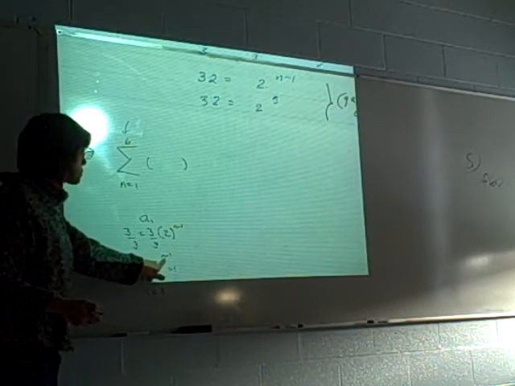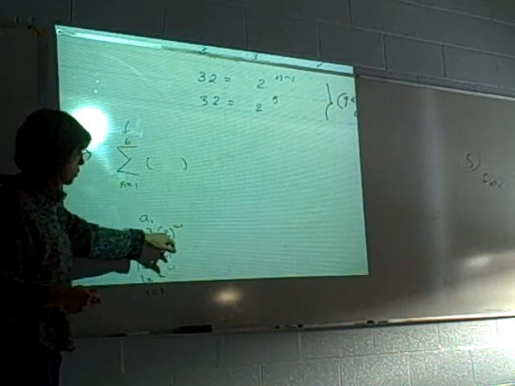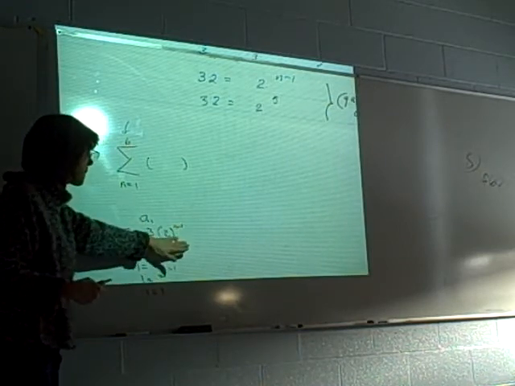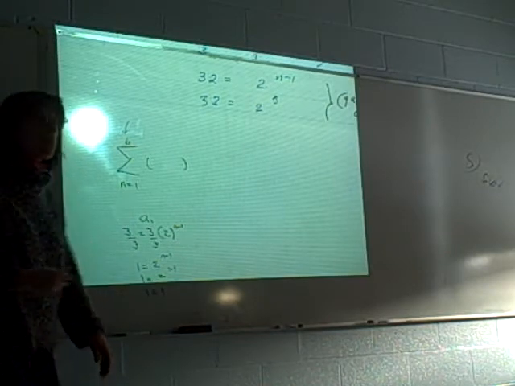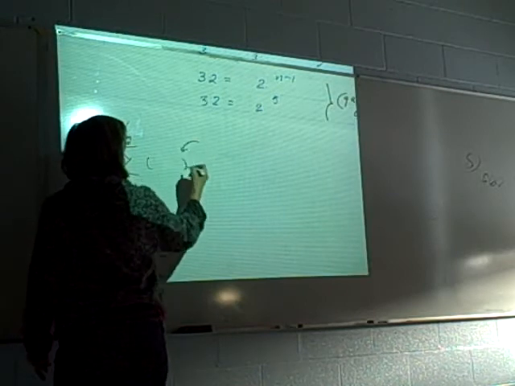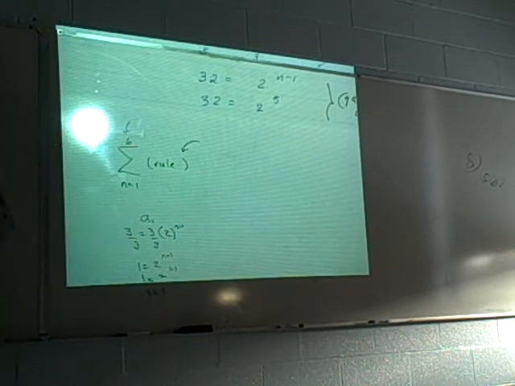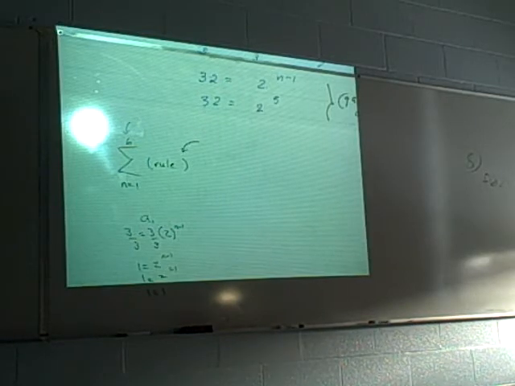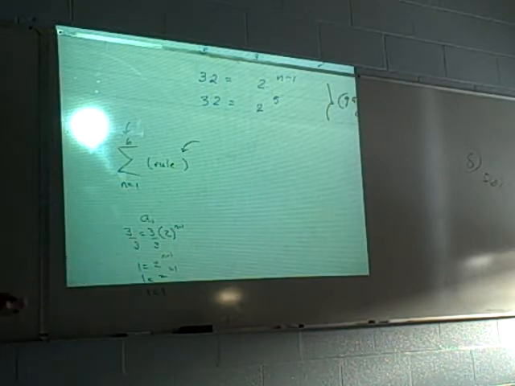If the first term is 1 for my first term, to generate this rule, can't this rule be used for anything? In sigma notation, don't I need to know the rule? Okay, can I use this to generate the succeeding terms? I just showed the first term was a 3, and I can generate that. What will the second term be? 6.